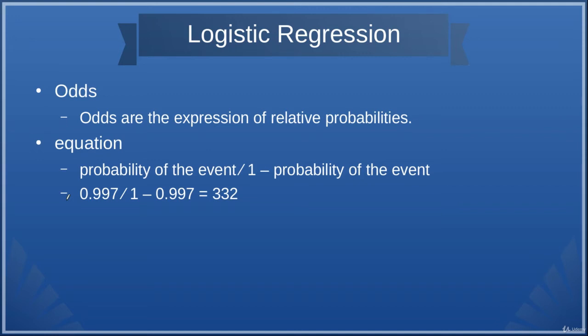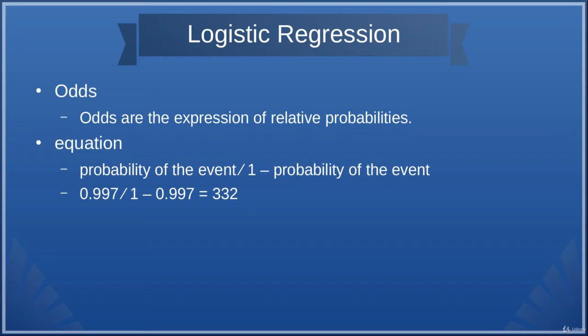The probability that the Falcons were going to win was 0.997, or 99.7%. Subtract that from 1 and divide, and you get a number of about 332, which means that the Falcons were 332 times more likely to win the Super Bowl than the New England Patriots at that particular moment. And again, odds are very commonly used in horse racing and all kinds of gambling.